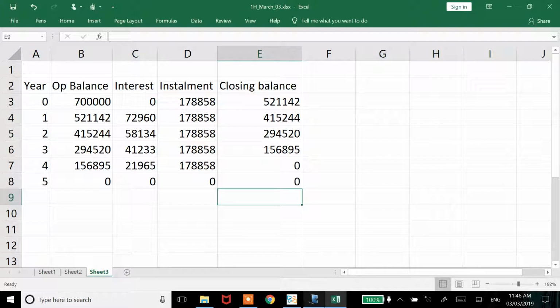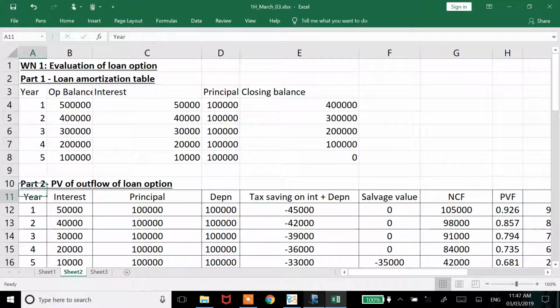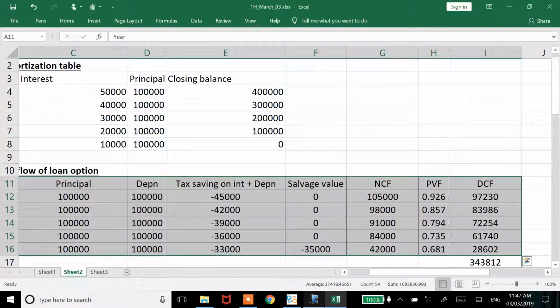Now you may have to do this table if the discount rate was something other than 8.4. If the discount rate was anything other than 8.4, then I need this: year, interest, principal, depreciation, tax saving on depreciation. You need all of this in your notebook in case you see a difference. Any doubts on this?